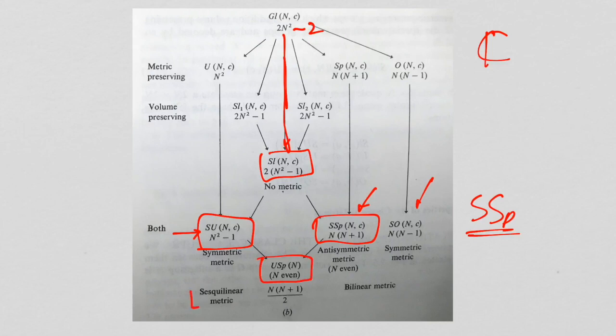And these, of course, are sesquilinear metrics here, and these are bilinear metrics here. And interestingly enough, this group lives in the world where it'll preserve a bilinear or a sesquilinear metric. So there's a chart like this for each of the reals, complex, and quaternions in Gilmore.